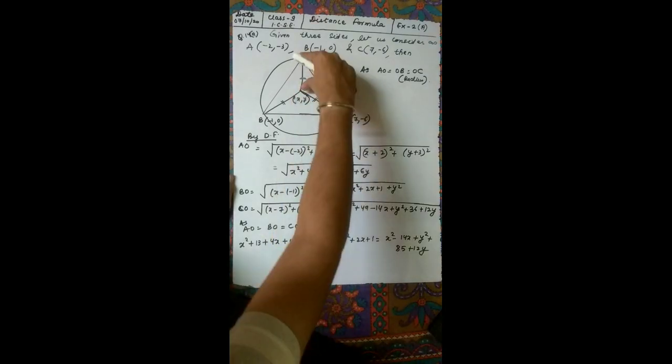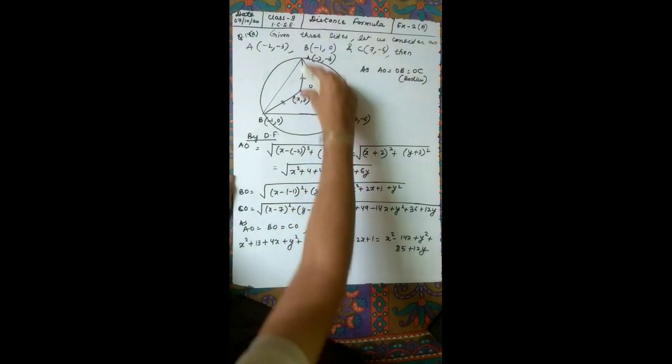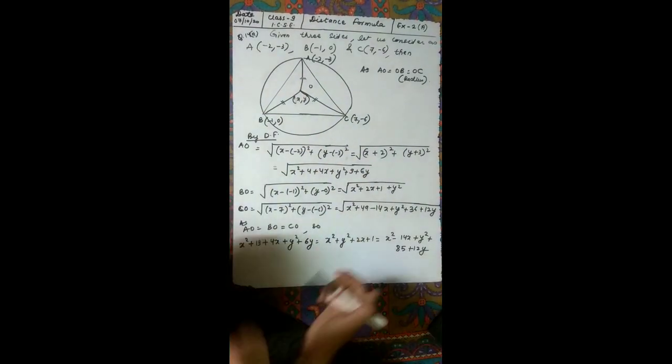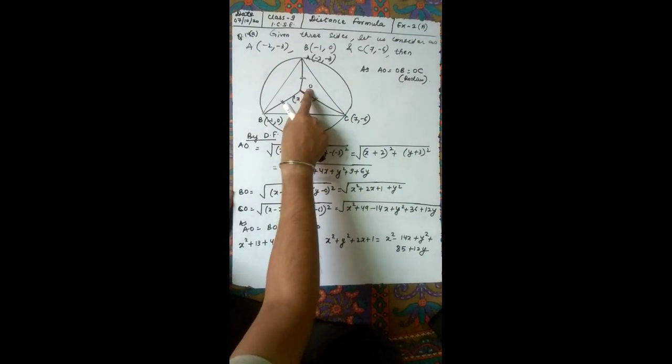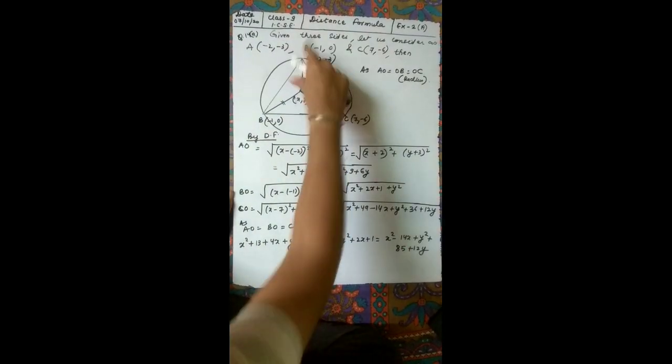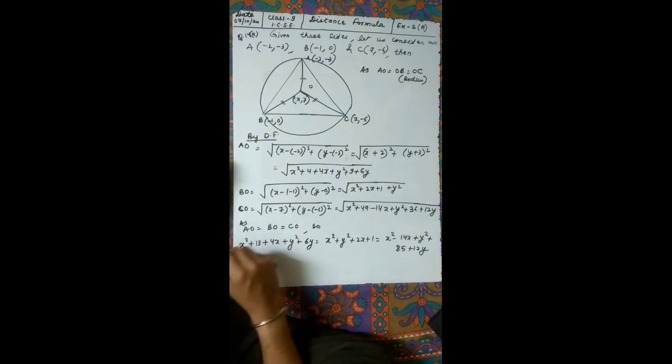Circumradius means OA, OB, and OC. Now we have triangle ABC. I'm considering O, the circumcenter, as (x, y), and I'm trying to find OA, OB, and OC.